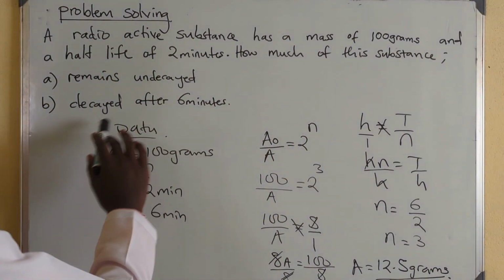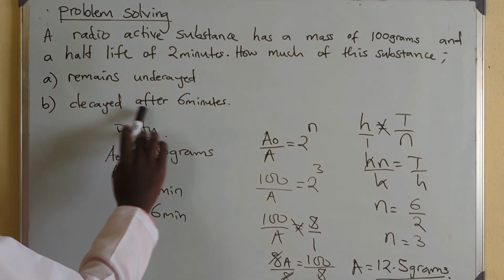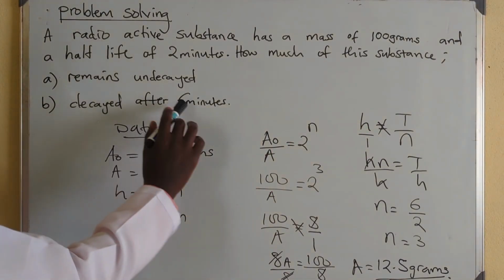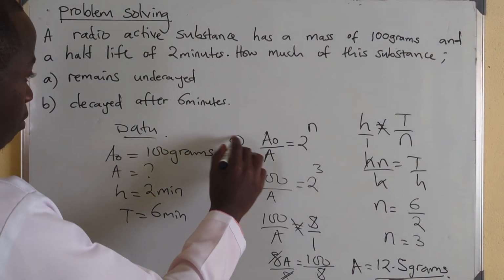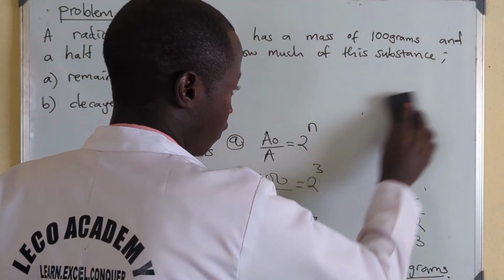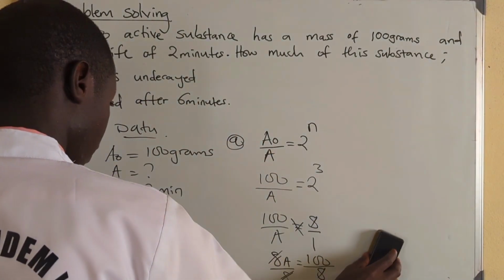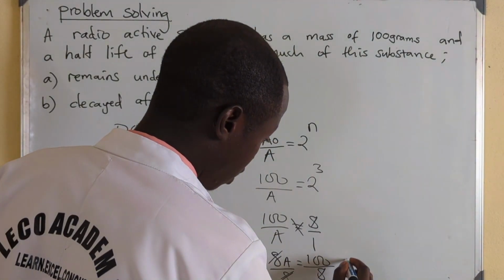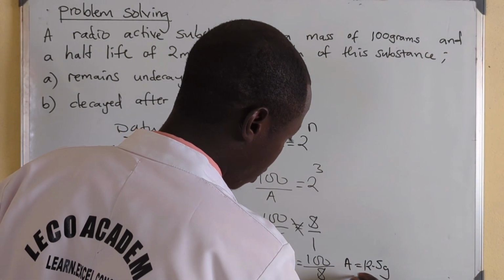For the last question, how much of this substance decayed after 6 minutes? How can we handle this kind of question? For number A, we know that this is 12.5 grams.